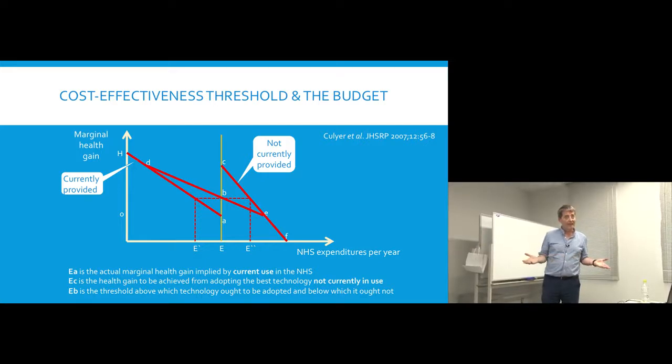So for example, in England, as I was saying earlier, it looks as if the NHS can turn money into health at about £13,000 per QALY.